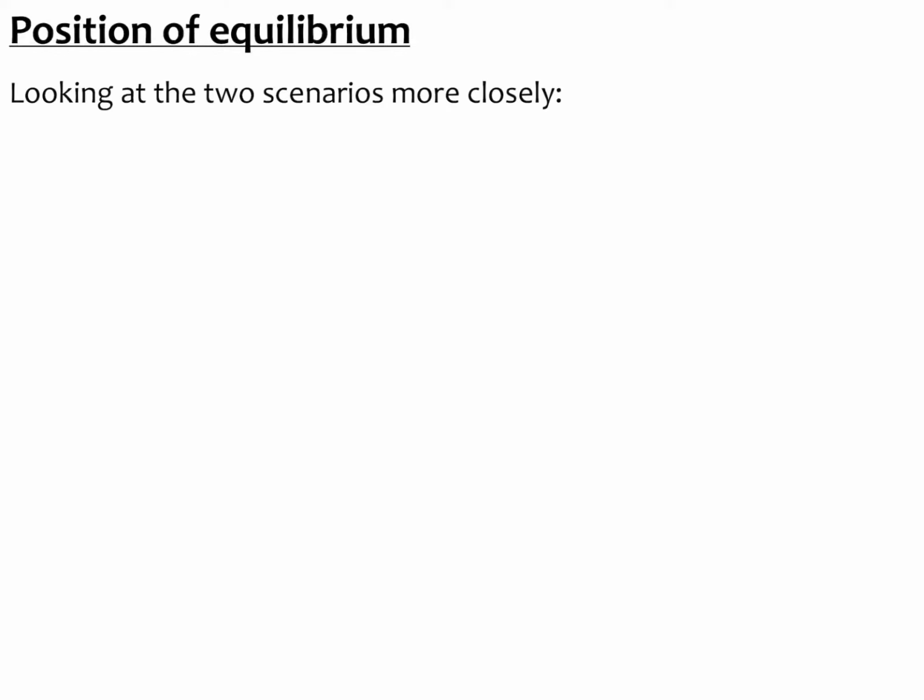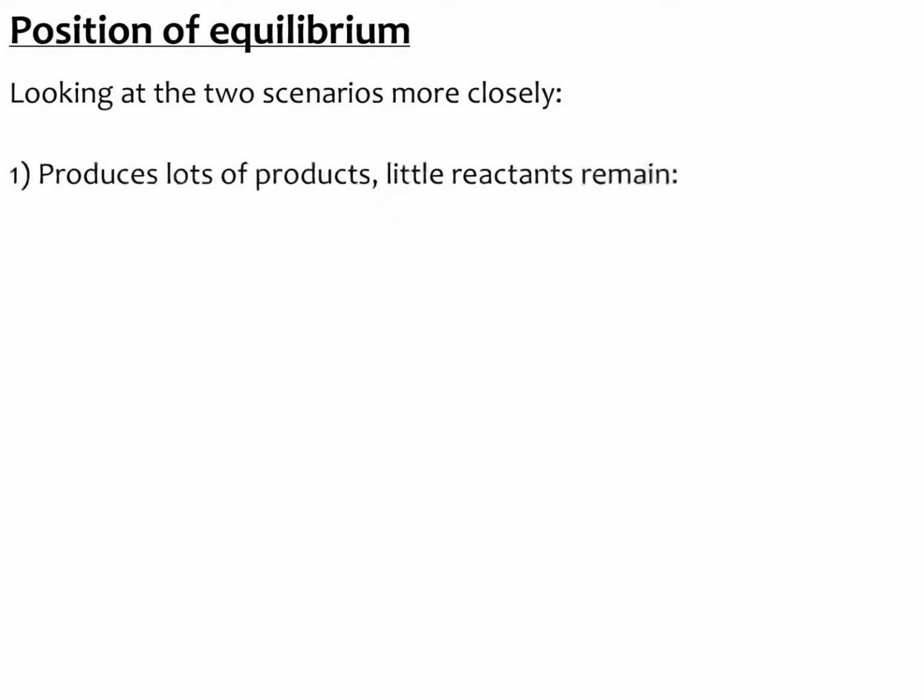So to look at those two scenarios a little bit more closely, if we take scenario 1, producing lots of products with only little reactants remaining, we can represent it like this. I've made A and B really small to show that there's not very much of those, and C and D really big.